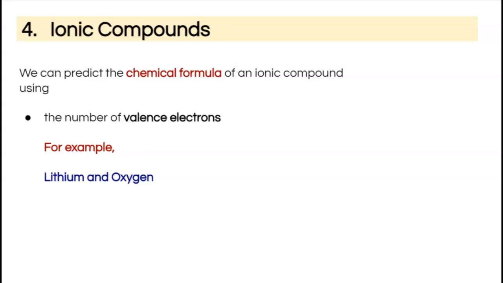And so again, what you should have in front of you is a periodic table. And that periodic table will allow you to remember that we can identify, based on the position of elements, what their number of valence electrons is.